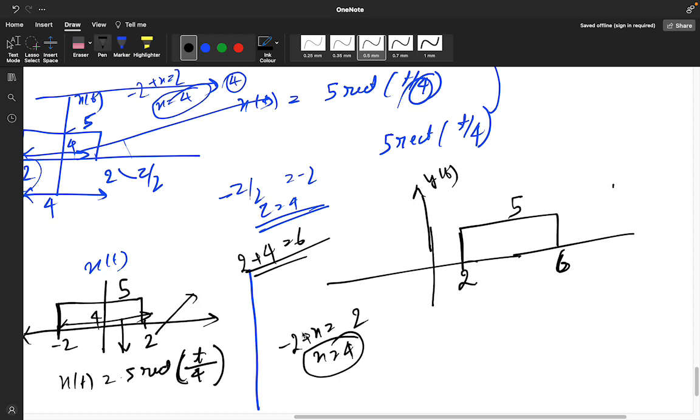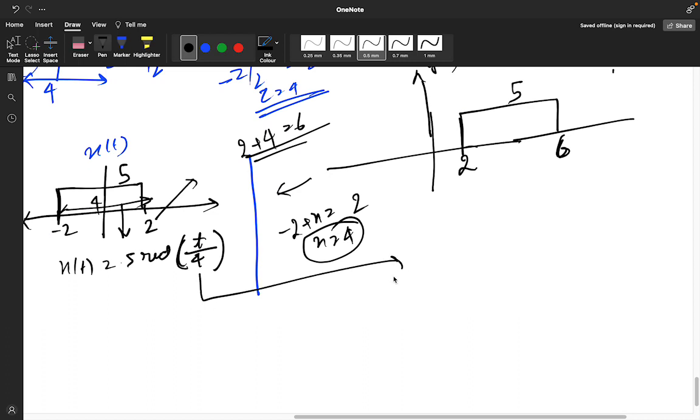We are right shifting, and right shifting means adding in the signal, so it gets delayed. So the signal is 5 rect of t minus 4 by 4.